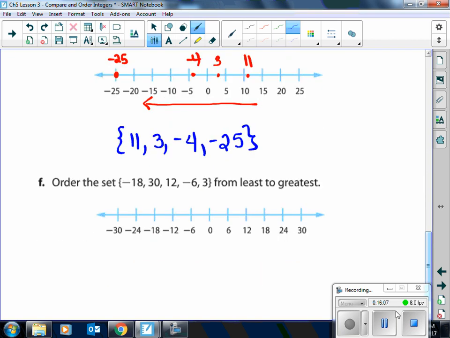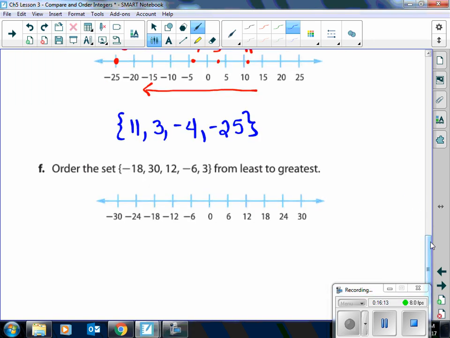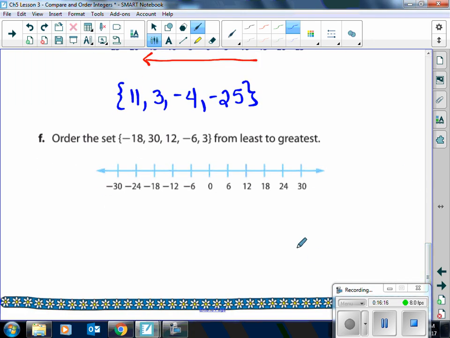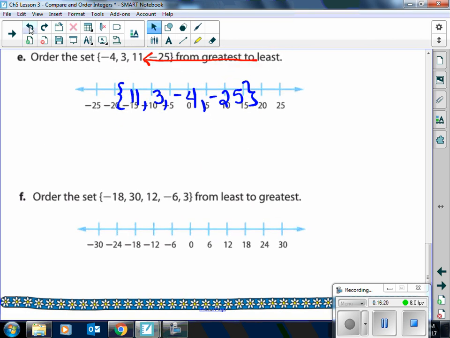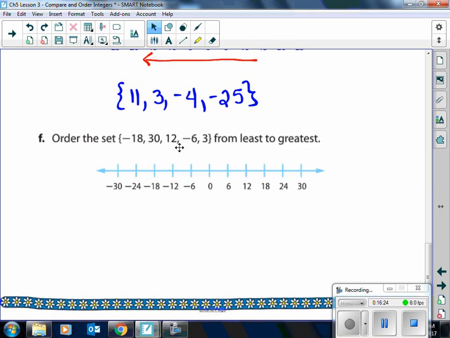All right. Good. So the next one, rather than using a number line, well, maybe we can use a number line to check it, okay? Rather than using a number line, I would like to compare positives and negatives, okay? So first thing I want to do is compare all of the negatives, and then we'll compare all of the positives.